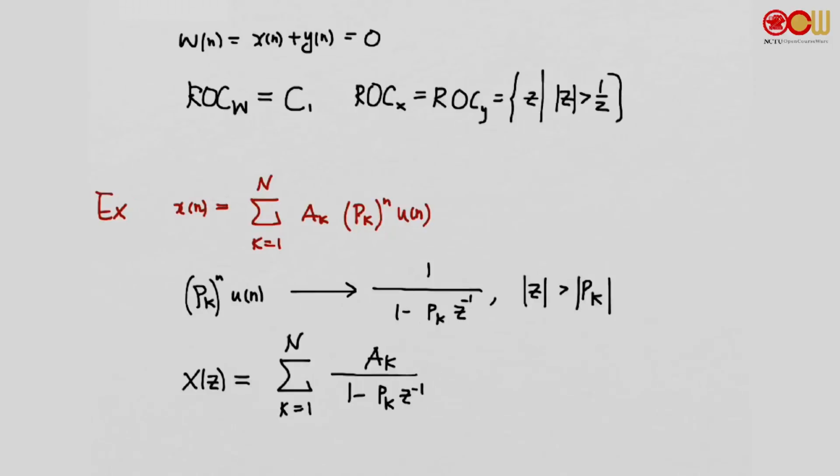And the region of convergence will simply be the intersection of all these regions of convergence. So z should be greater than the maximum of all these poles.